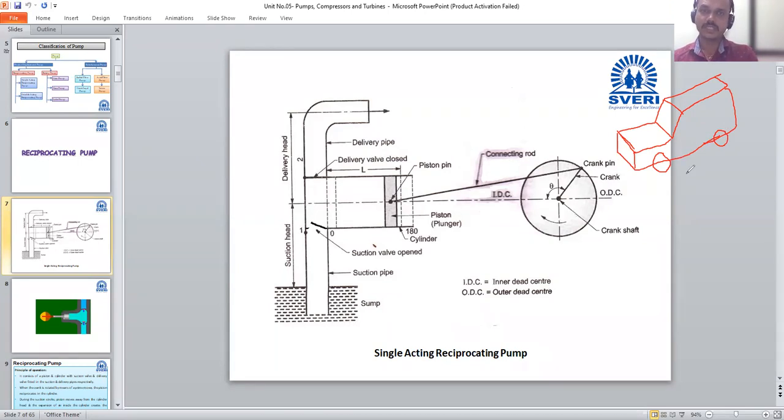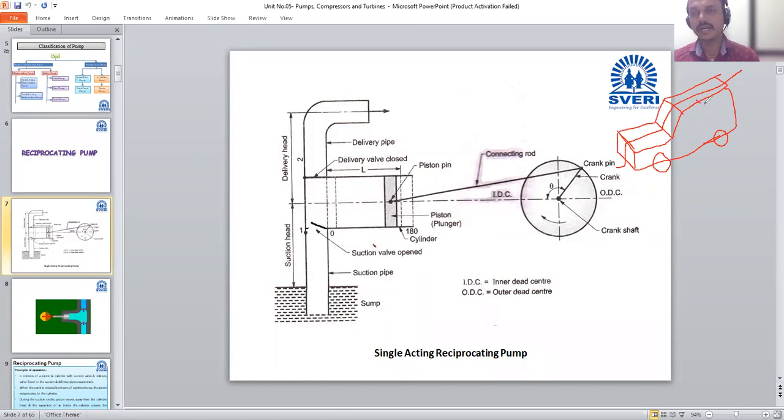But if I have to study the interior part of that vehicle, I will cut this vehicle from the center.